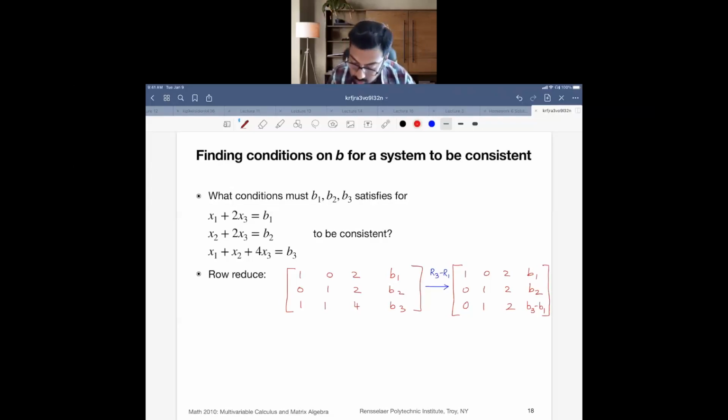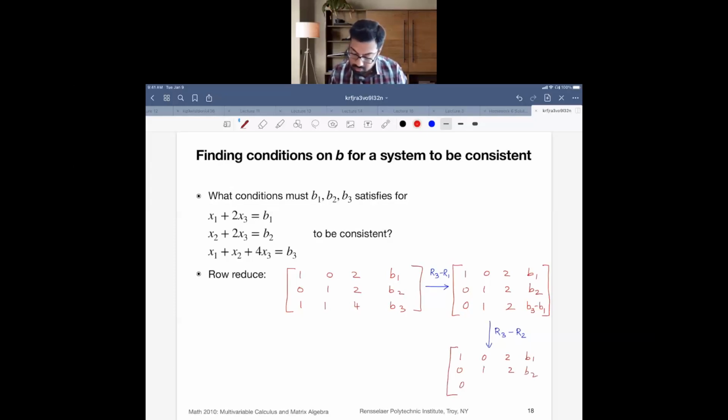The next step is that I need a 0 here. So for that, I'm going to do row 3 minus row 2. And when I do that, I'm going to get 1, 0, 2, B1. I'll have 0, 1, 2, B2.